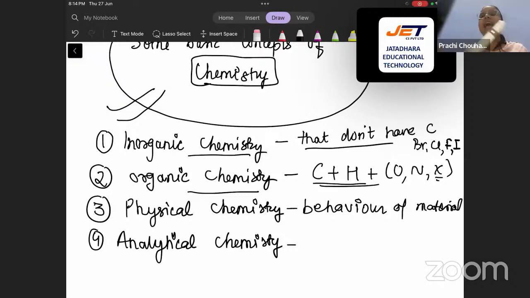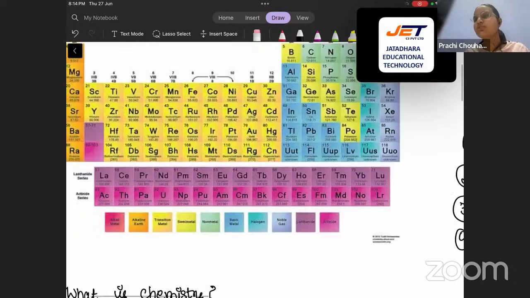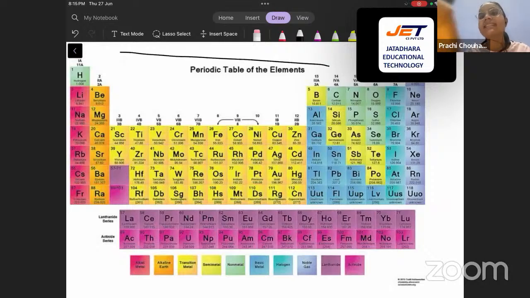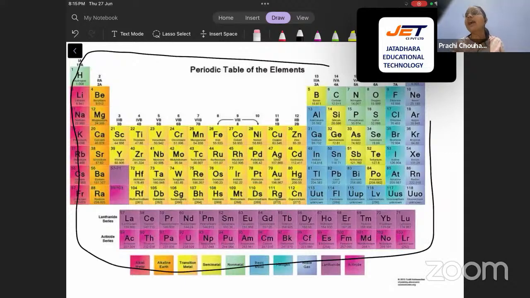For example, I'll show you the periodic table. This is the table that we will be seeing a lot in chemistry, right? So in inorganic chemistry, I'll show how all these compounds exist in nature and what their properties are.